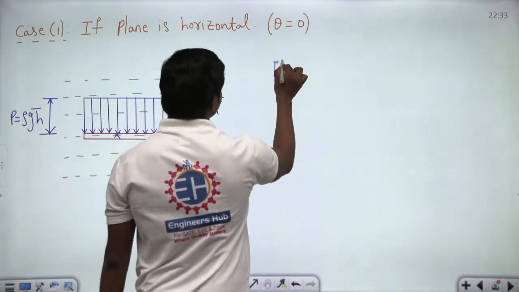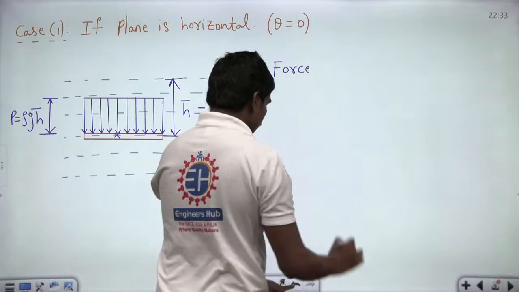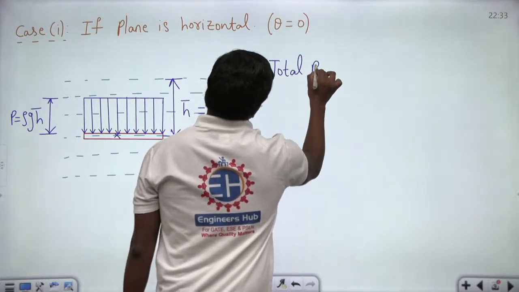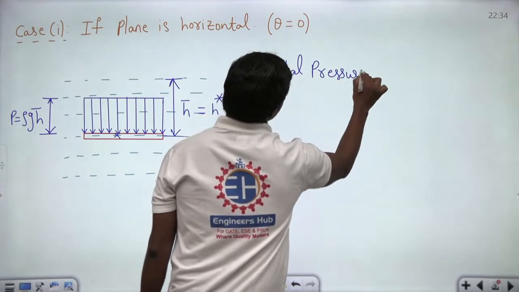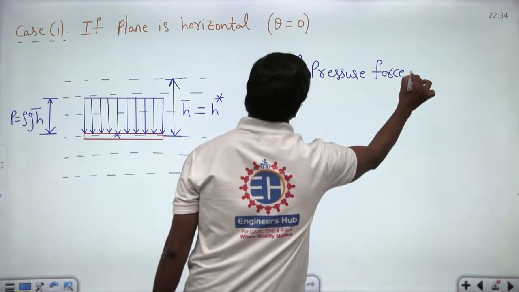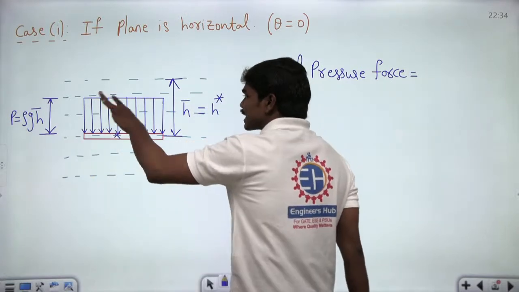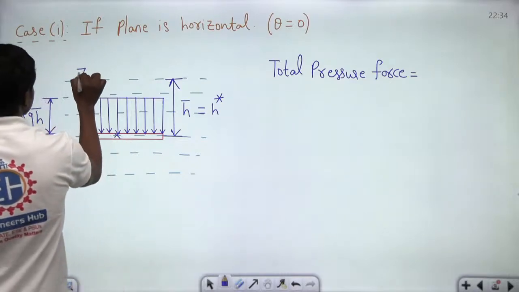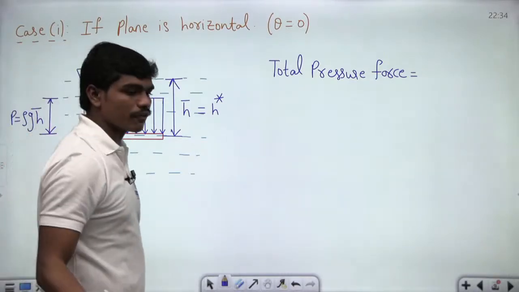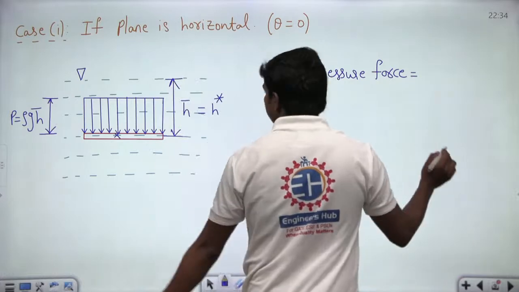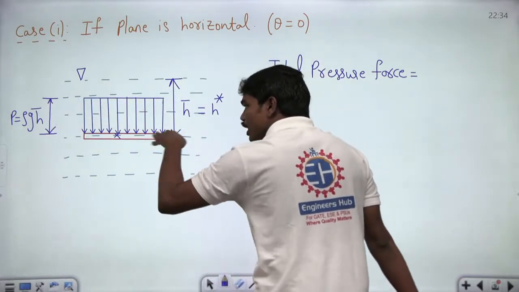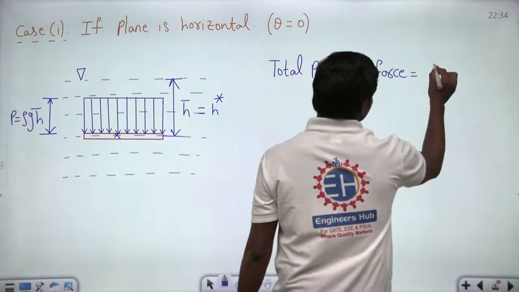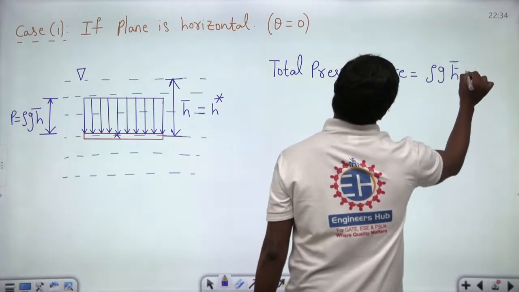So, what is the total force that will be acting? Let us write total pressure force. From fluid statics, from the second module, when the axis of this plate is at a depth of h bar from the free surface, the pressure that is acting is uniform in any horizontal plane, and the value of that gauge pressure will be equal to rho g h bar, correct? So, this is rho g h bar into the area of the plate.